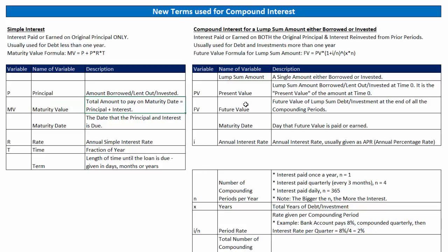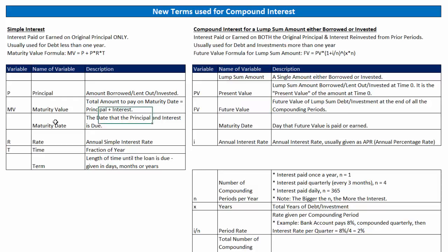Over on the compound interest side, we're not going to use maturity value. We're going to use future value because we'll have some present value. We'll put it in the bank account or we'll borrow it. And then in the future, there'll be some future value that we either get to withdraw if it's an investment or pay back if it's debt.